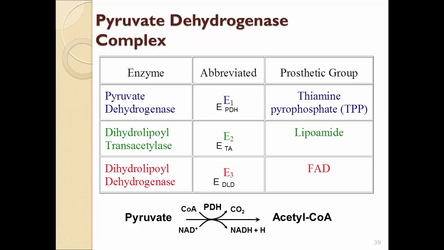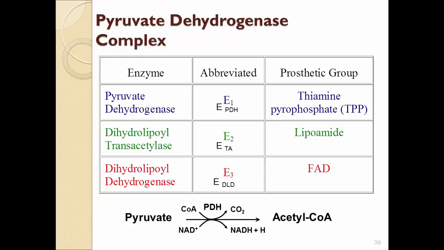And pyruvate dehydrogenase complex is made of three enzymes that form the complex, right? I don't want to go to the detail, but just let you know that it's a membrane-associated enzymatic complex, right? Contains three different sets of enzymes and catalyzes this whole reaction. They catalyze the decarboxylation of pyruvate, so you remove one carboxyl group and generate CO2, and a product of this reaction is acetyl-CoA.